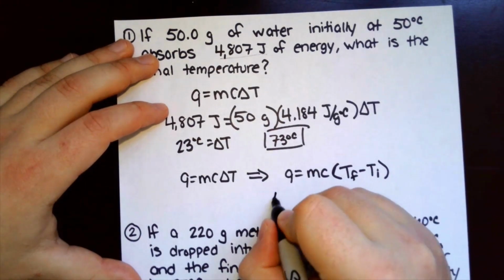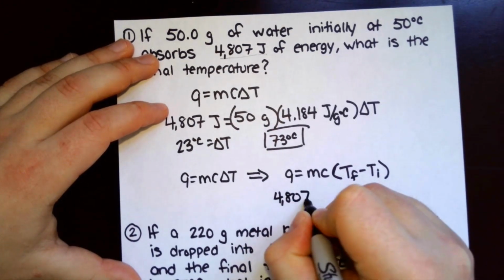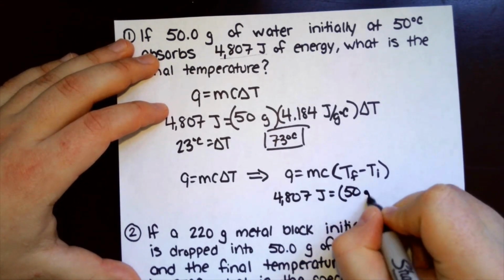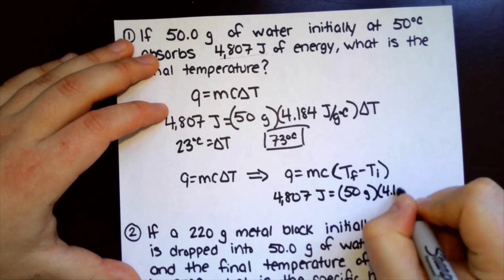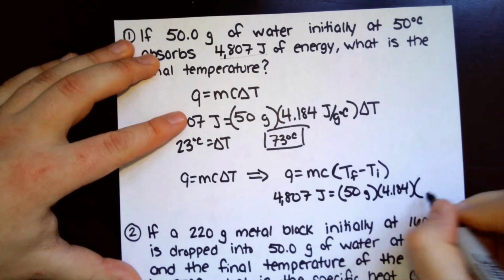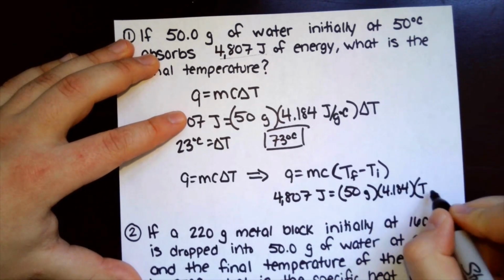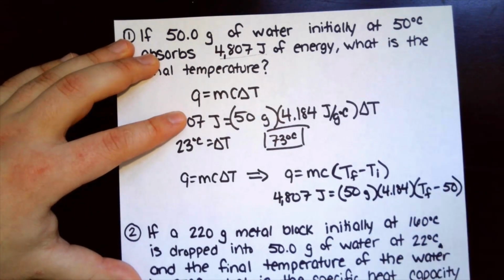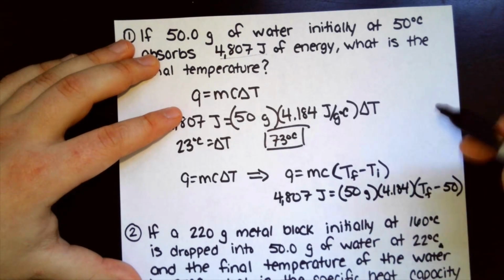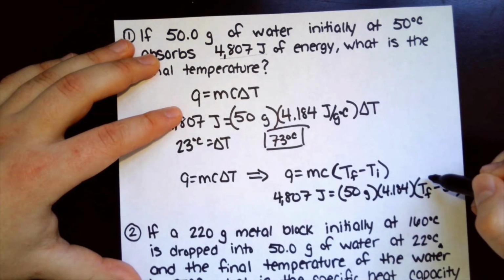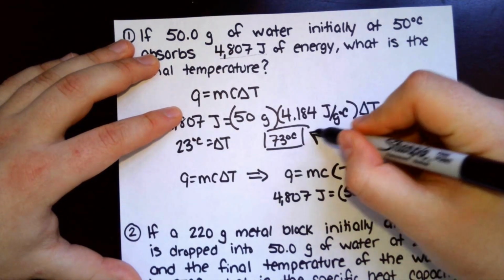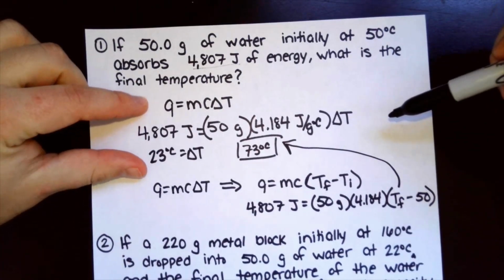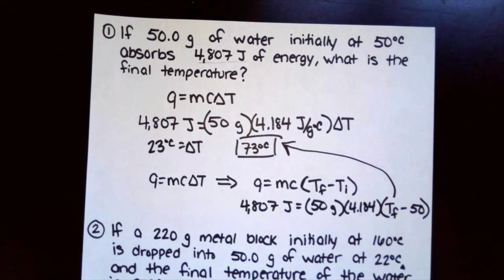So here we'd set it up: 4,807 joules equals 50 grams times 4.184 times, we don't know the final temperature, we're looking for that, minus the initial temperature, which is 50. And if we were to solve this through, we would once again get a TF of 73. So either way that you want to do it is perfectly fine. Whichever your preference is, just go with that.